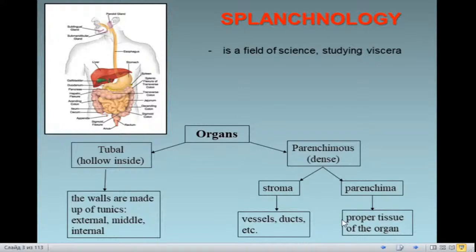Even the dilated or expanded tubal organs, like the stomach or urinary bladder, are still tubal organs, so their structure is the same. The innermost tunic is mostly called tunica mucosa or mucous tunic. The middle layer is mostly represented by smooth muscular lining, or tunica muscularis in Latin, and the outer one is the serous coating or tunic, or adventitia.